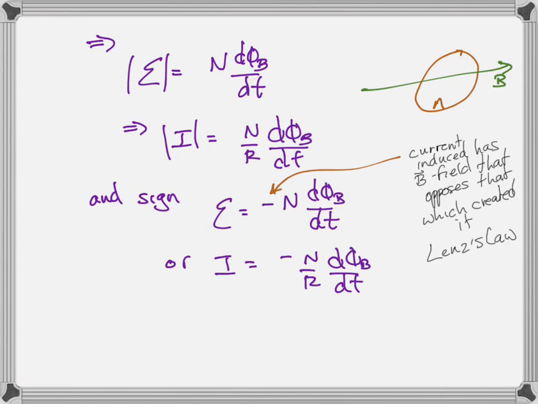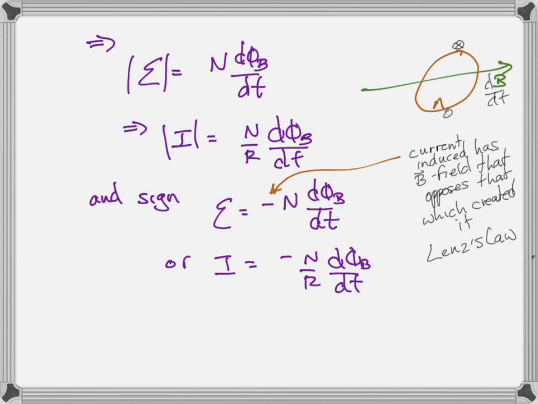So if the magnetic field is increasing to the right, in the direction shown, so let's just say dB/dt is increasing to the right, then that is going to induce a current. It's kind of hard to tell in 3 dimensions, but that's going to induce a current that's going to have a field to the left. So that's going to induce a current that goes into the page, right hand rule, thumb to the left, that goes into the page on top and out of the page on the bottom.